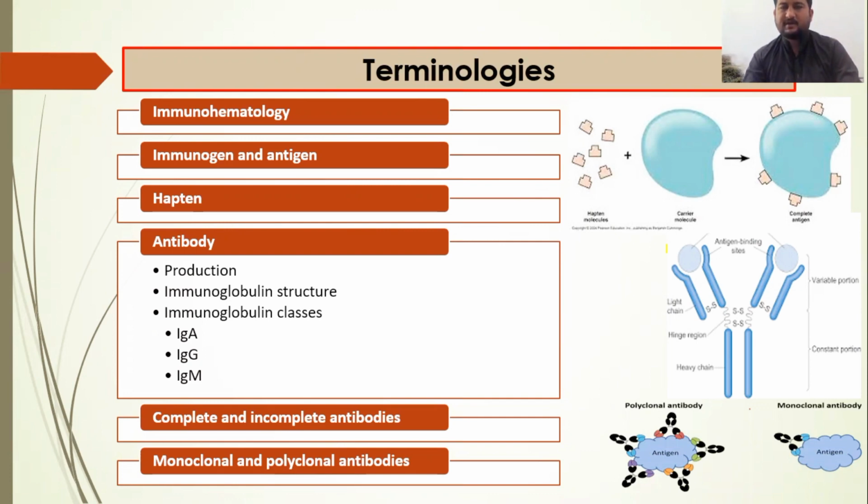Antibodies which are derived from multiple ancestral clones of antibody producing cells and carry both kappa and lambda light chains are termed polyclonal antibodies.